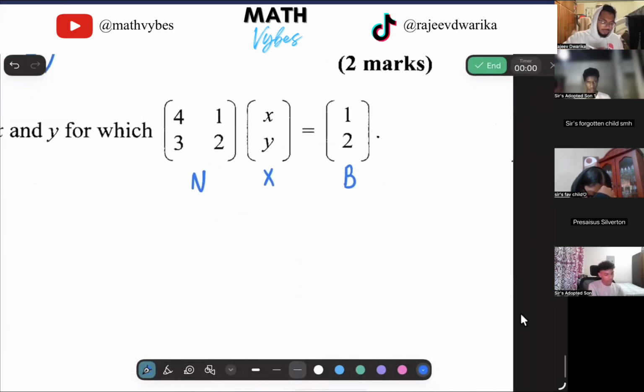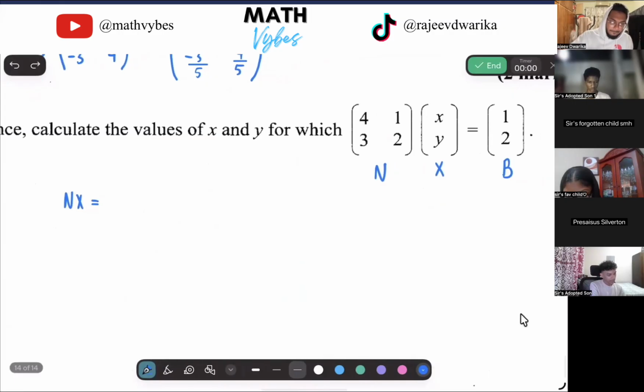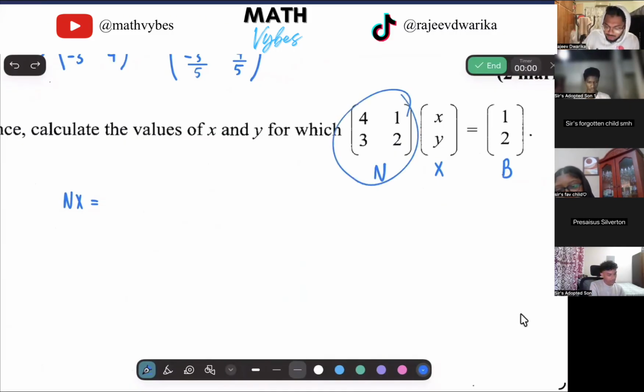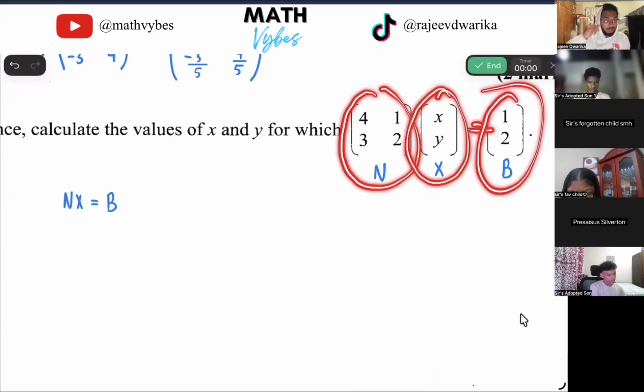Right? So I have Nx is equal to... wait, Nx was equal to what? So this is matrix N, this is matrix X, and this is matrix P. So Nx is equal to 4, 1, 3, 2, P. This by this is equal to this.